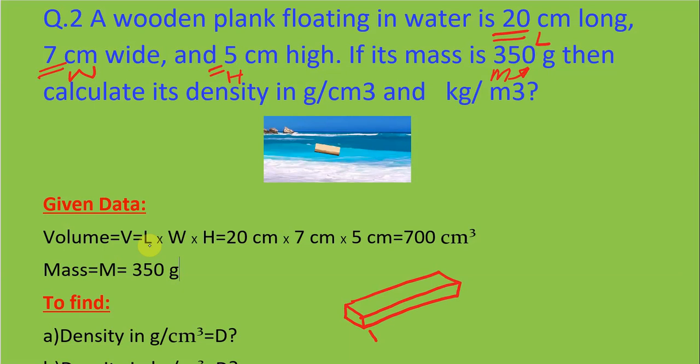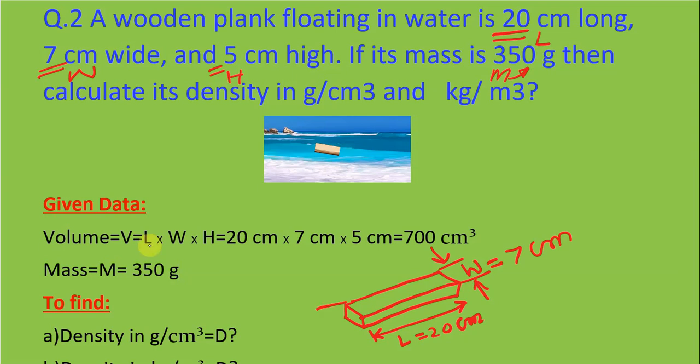So this is the length they have already given to us, and that length is 20 centimeter. They have also given us the width, that is the W, which is 7 centimeter.